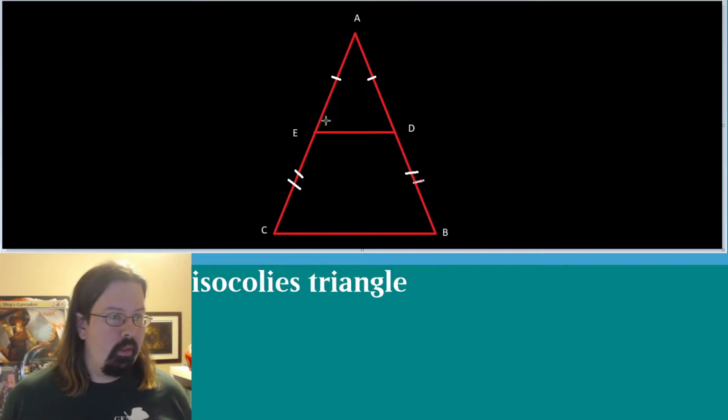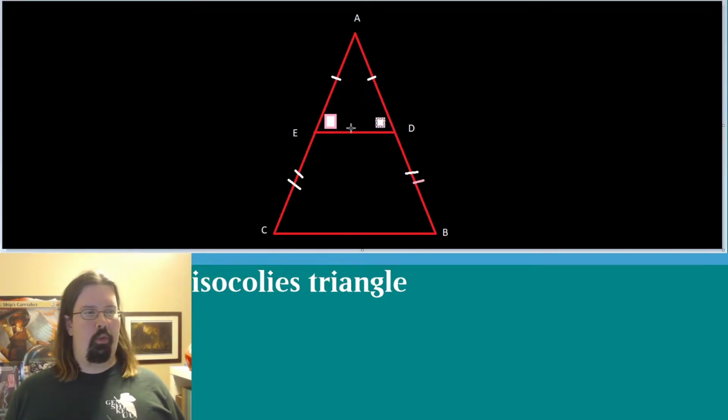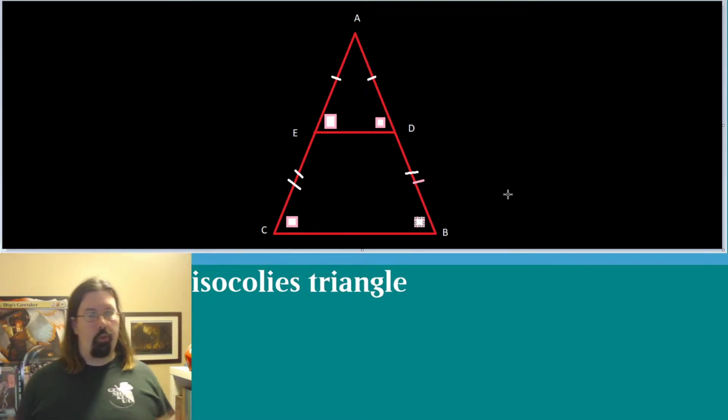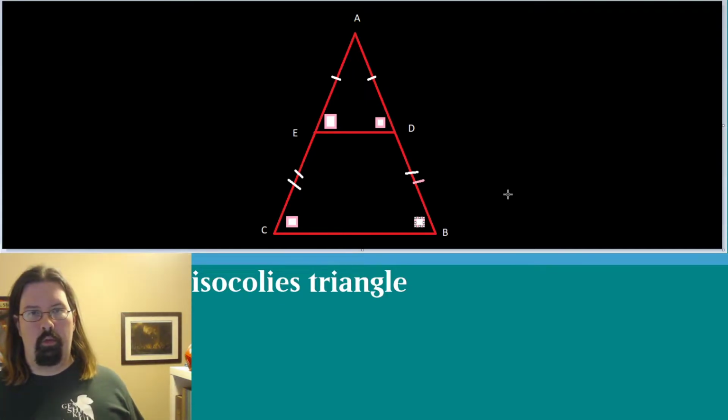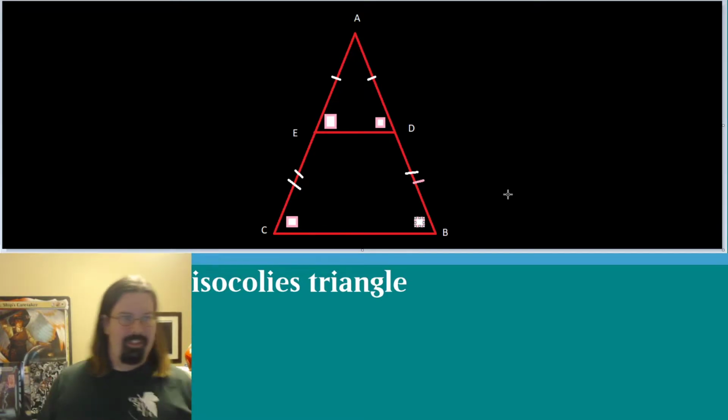So if all of these, then we have... Oh, no. I want my squares. Z. So again, these two angles are congruent. Now, these two angles are congruent to those two angles as well. And this is cool.